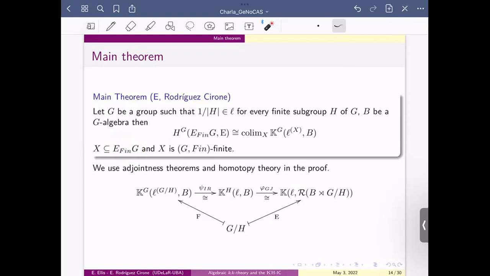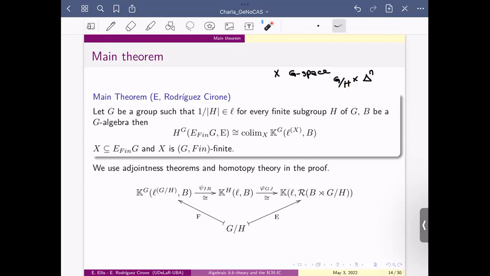G-finite means that if X is a G space, then there are G cells of this form, and X is G-finite if this H is finite.